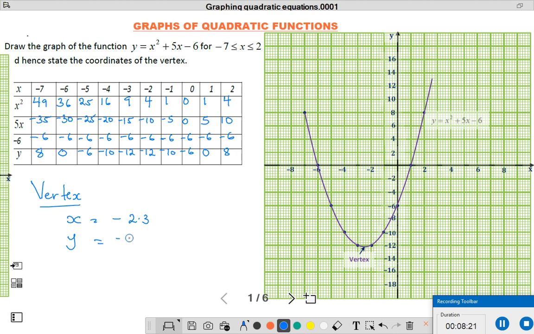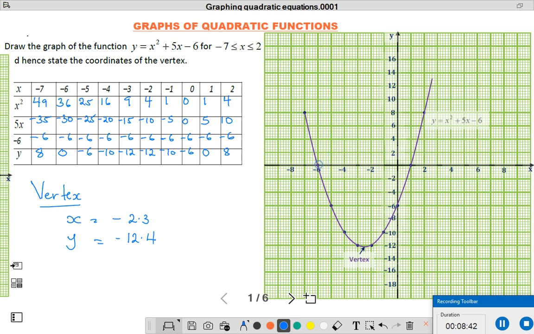So you have to draw it on a graph. Get a graph book, draw it, and read it clearly if the screen is not clear. But mine, I'm getting negative 12.4. That is how we get the vertex. That is the turning point.